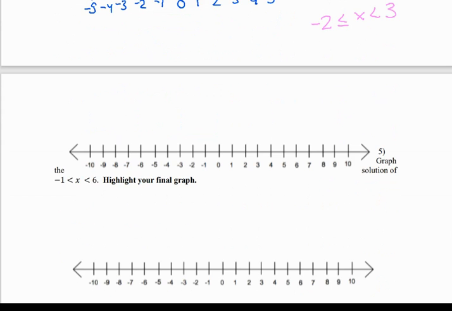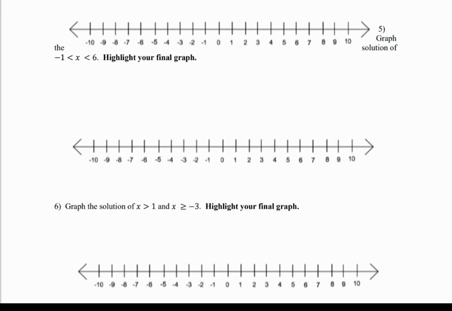Okay, let's look at 5, which has a graph there, but I know it's a little crazy. So it says graph the solution of this, okay? So this is what we want to graph. Now, if you need to do 2 pieces like I did and then highlight, you can, or you can just jump right to it. So I sometimes just jump right to it, and it's saying my 2 points should be at -1 and 6, okay?